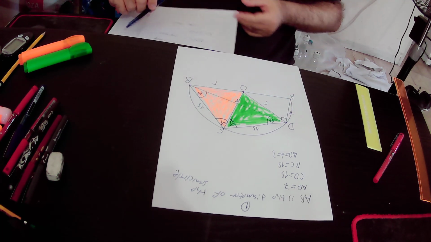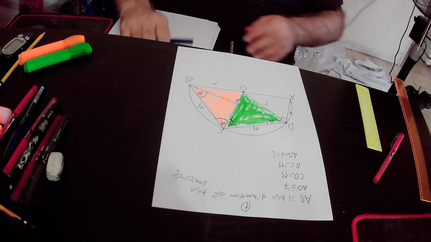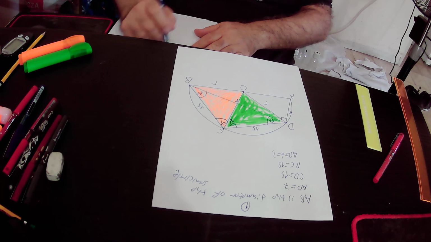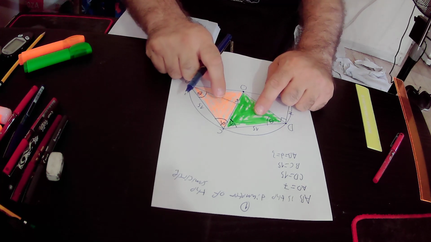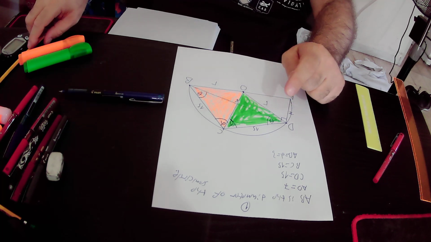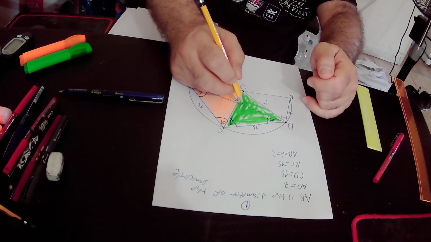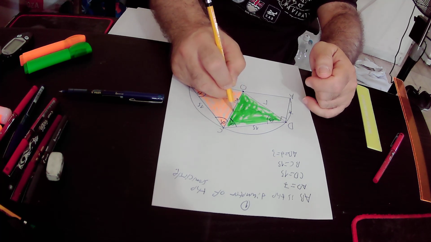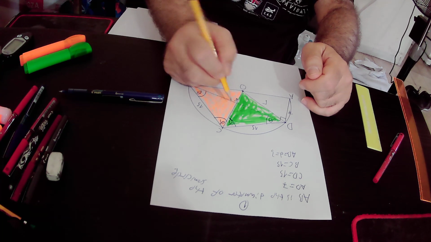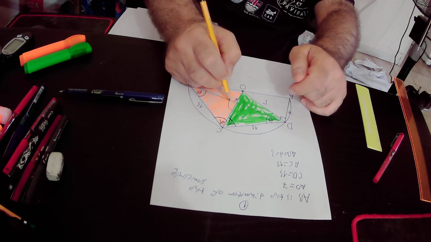Okay, so from the fact that those two triangles are congruent to each other, we can deduce that angle DEC of the green triangle is equal to angle CEB of the orange triangle.